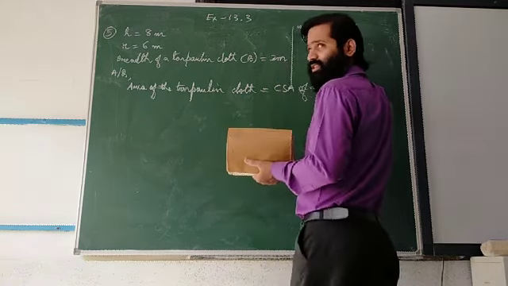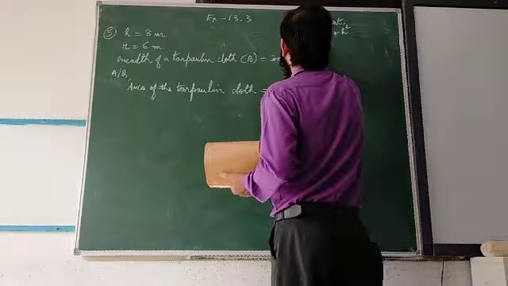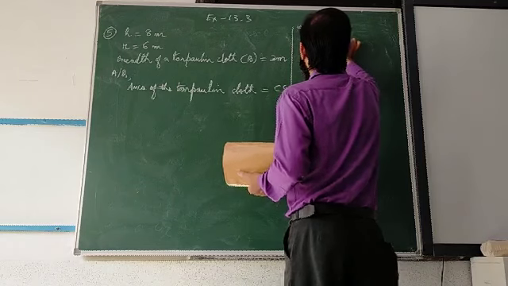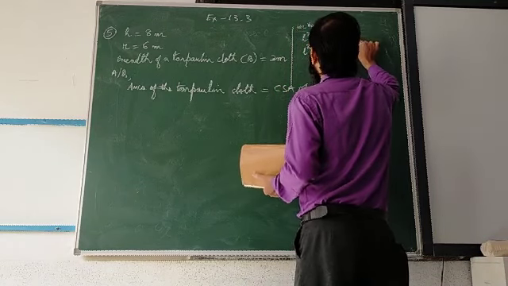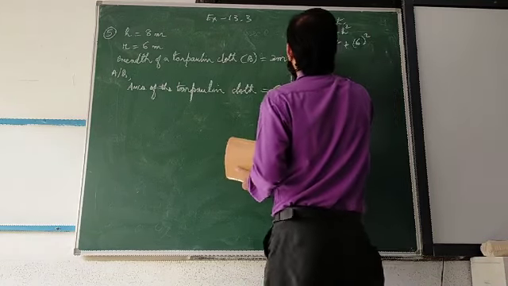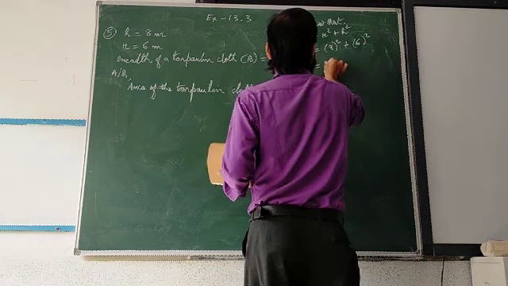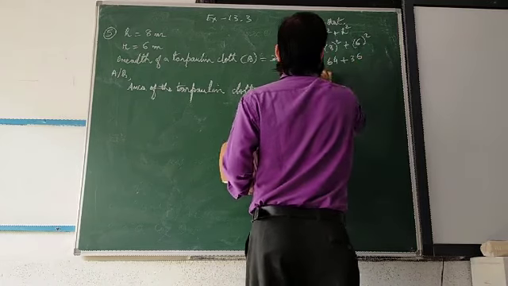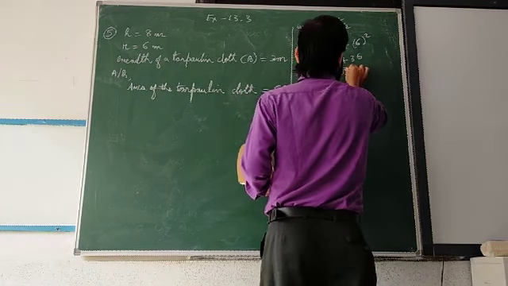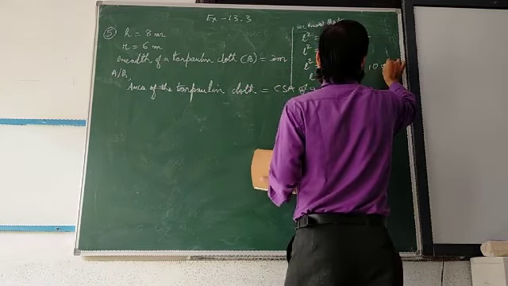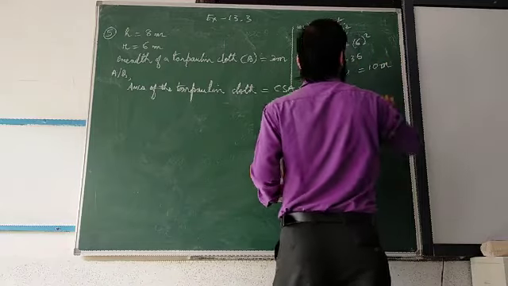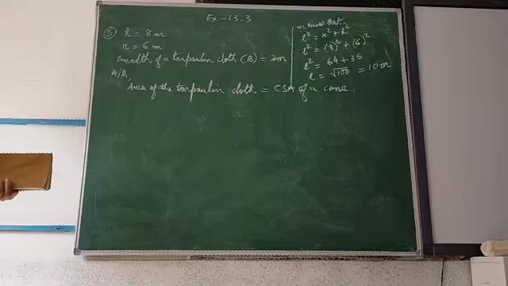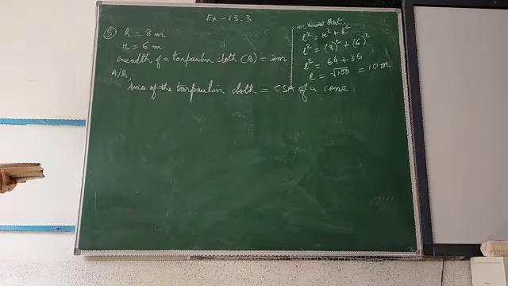So L square is 64 plus 36, which is 100. Now L equals 10 meters. Sometimes we need to adjust a little bit.